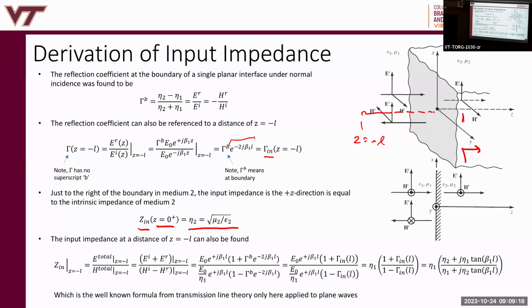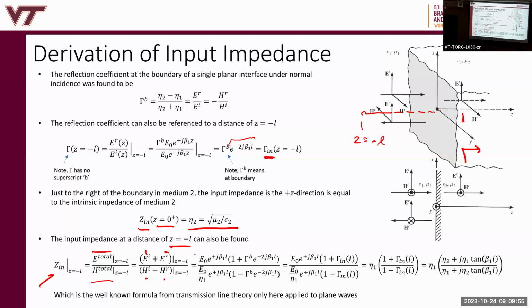Yeah? All right? The input impedance at a distance z equal to minus L can also be found in the medium here, right? So this is the input reflection coefficient, but here we're going to look at input impedance. We take the total electric field divided by the total magnetic field, which is the definition of impedance, and we evaluate at z equal to minus L. E incident plus E reflected over H incident minus H reflected, right? Because these are in opposite directions.